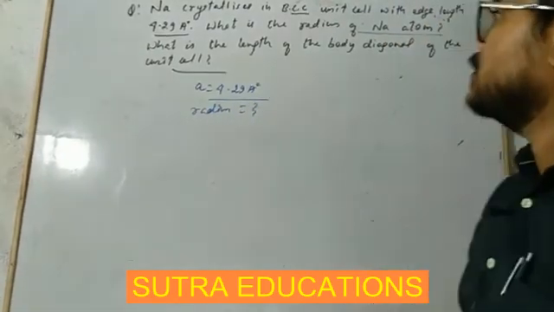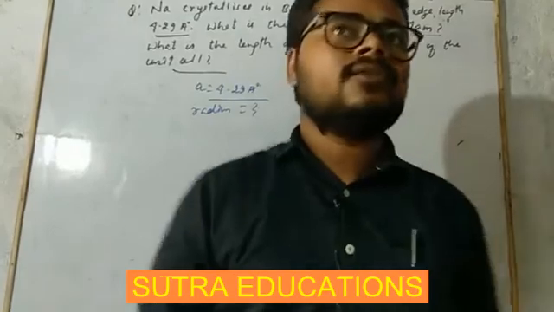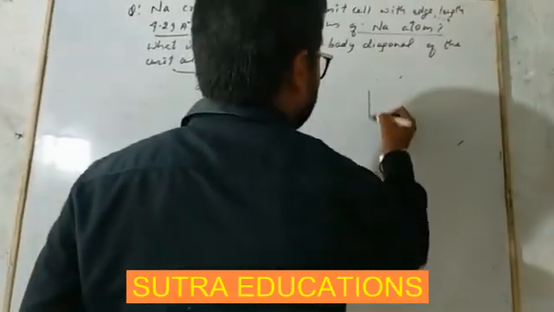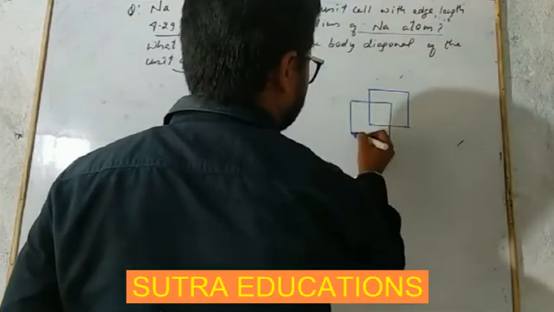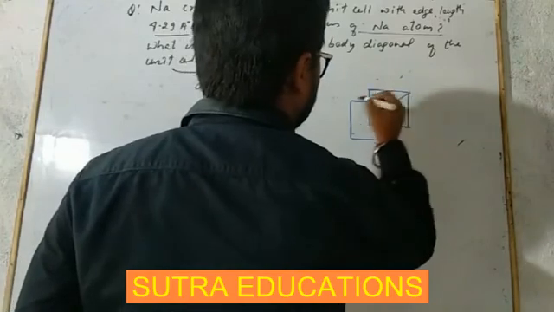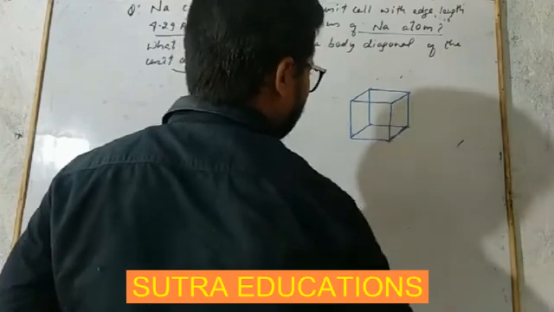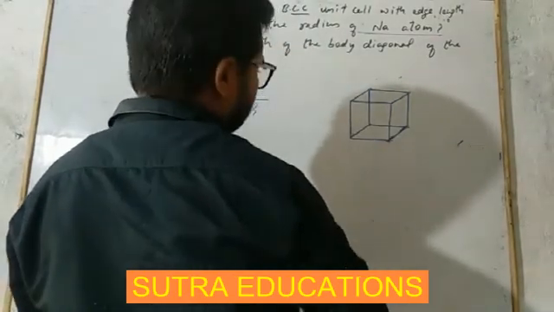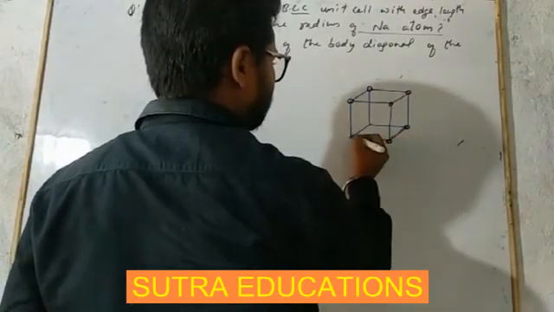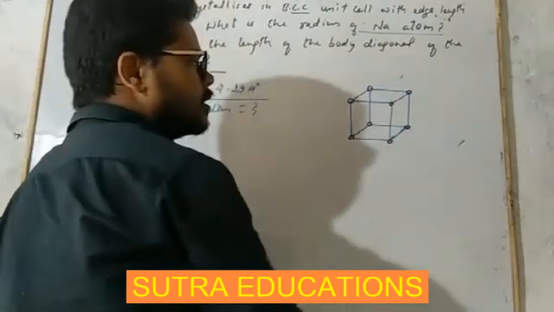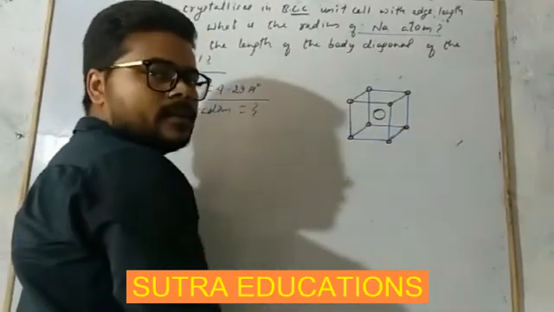If it is a body centered cubic unit cell, then atoms are present at the corners and one atom is present at the body, the main body.